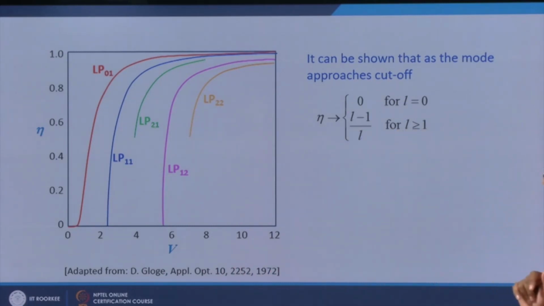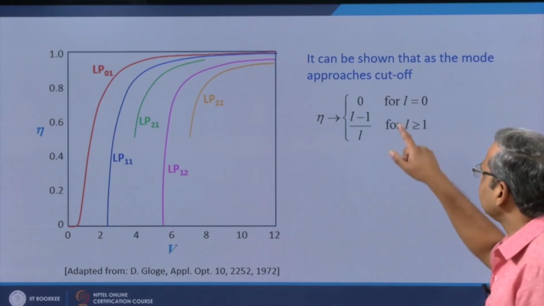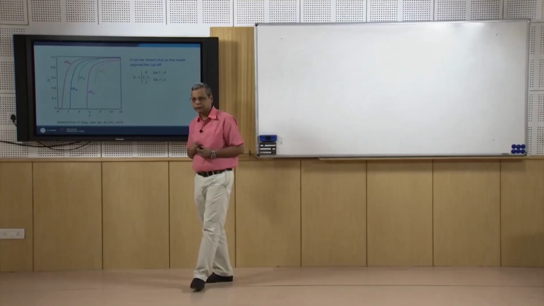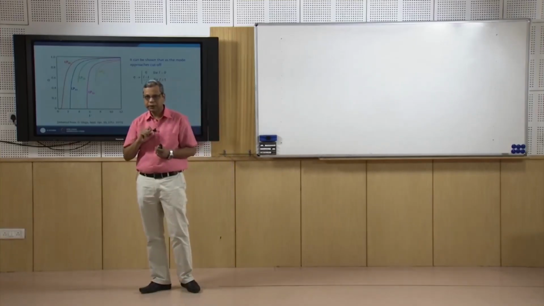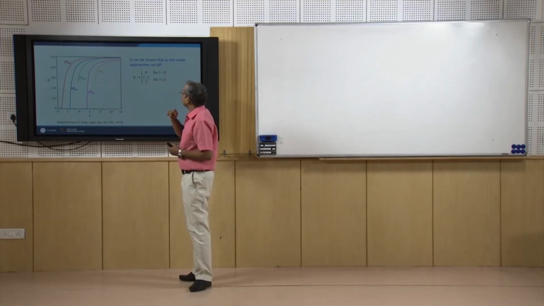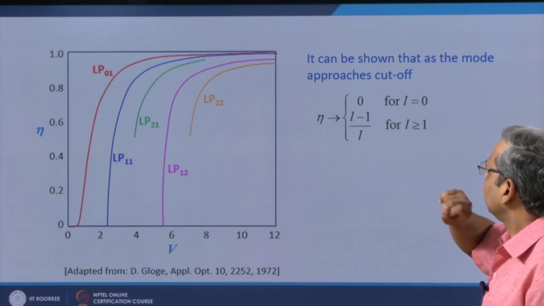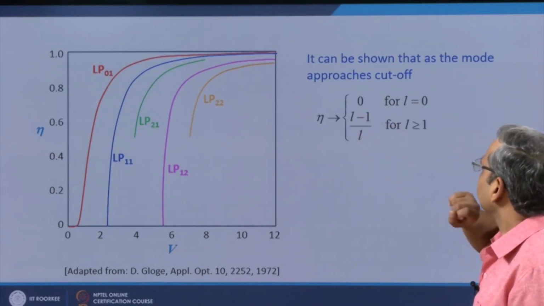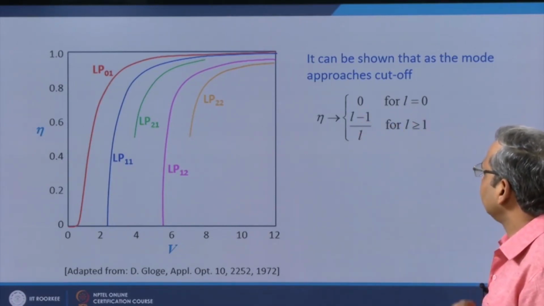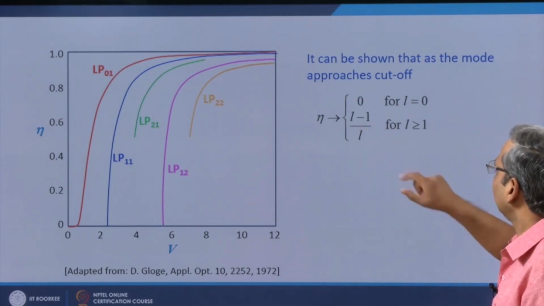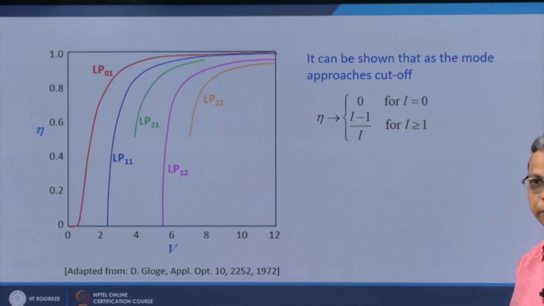And if I do a little mathematics, I can show that as the mode approaches cutoff, the fractional power eta tends to 0 for l equal to 0, and eta tends to (l minus 1) over l for l greater than or equal to 1.